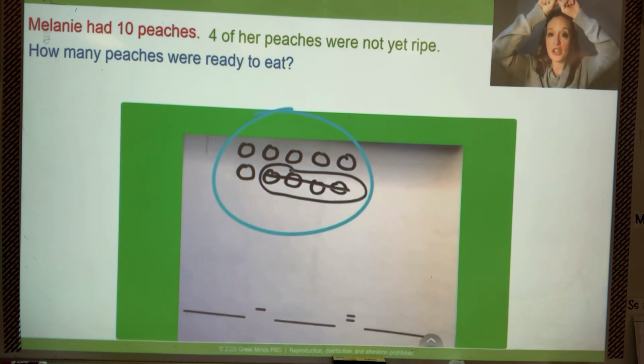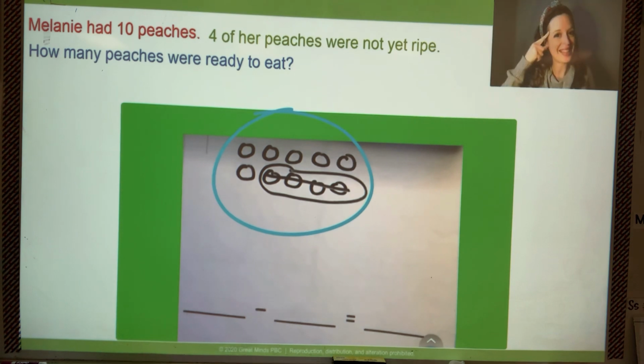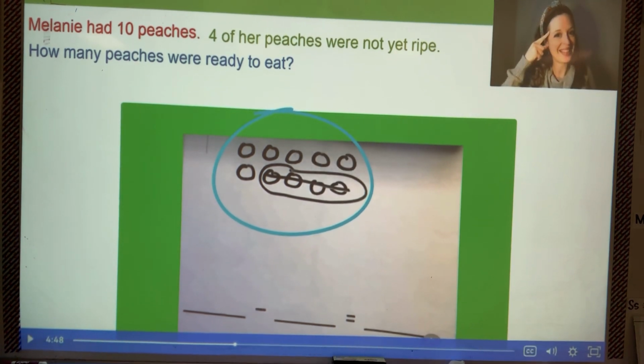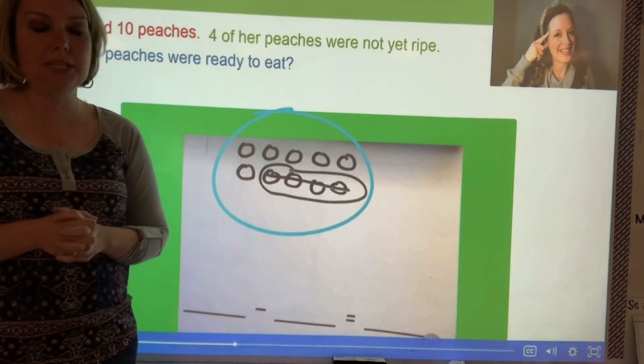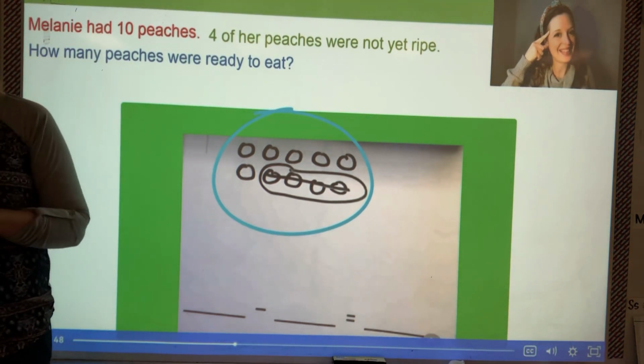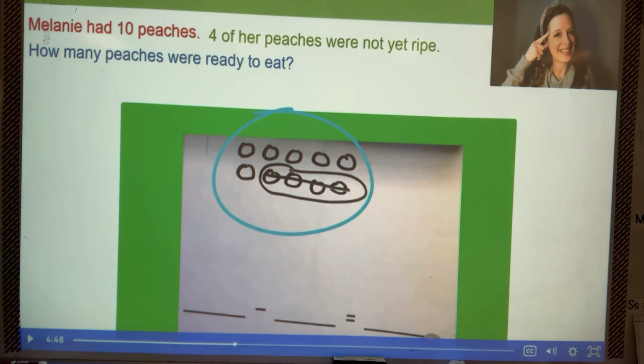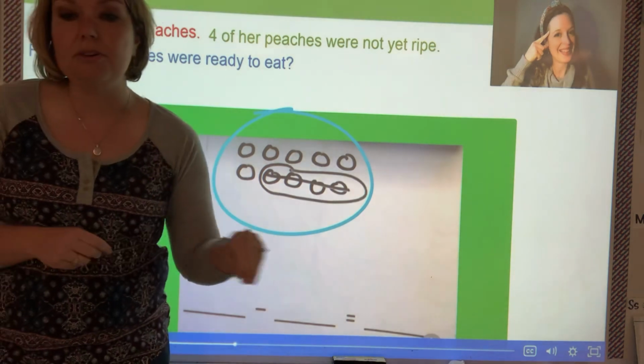Now, what are our 2 parts? Think. So tell me one part by raising your hand. Smriti, tell me one of my parts. 6. Thank you, Smriti. Who can tell me the other part?